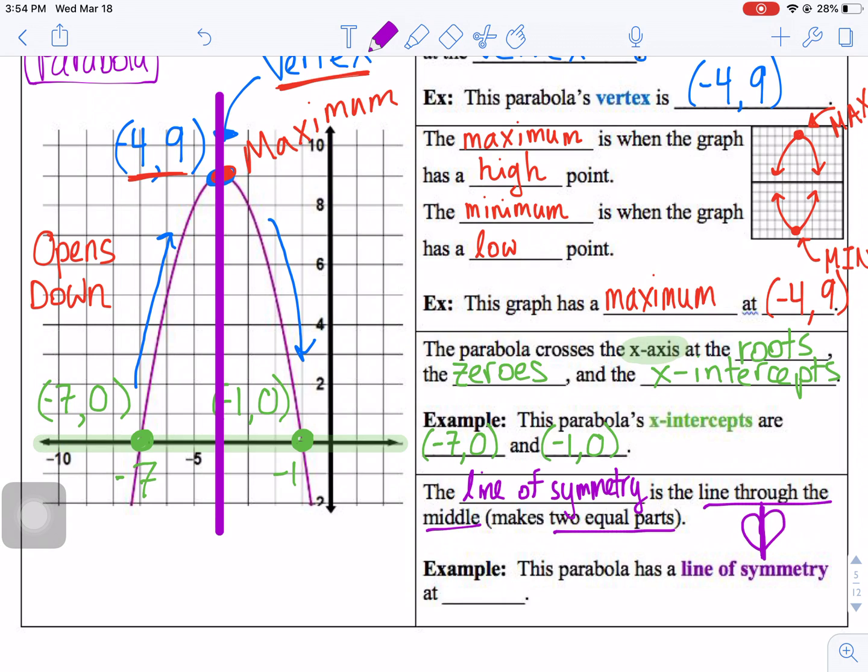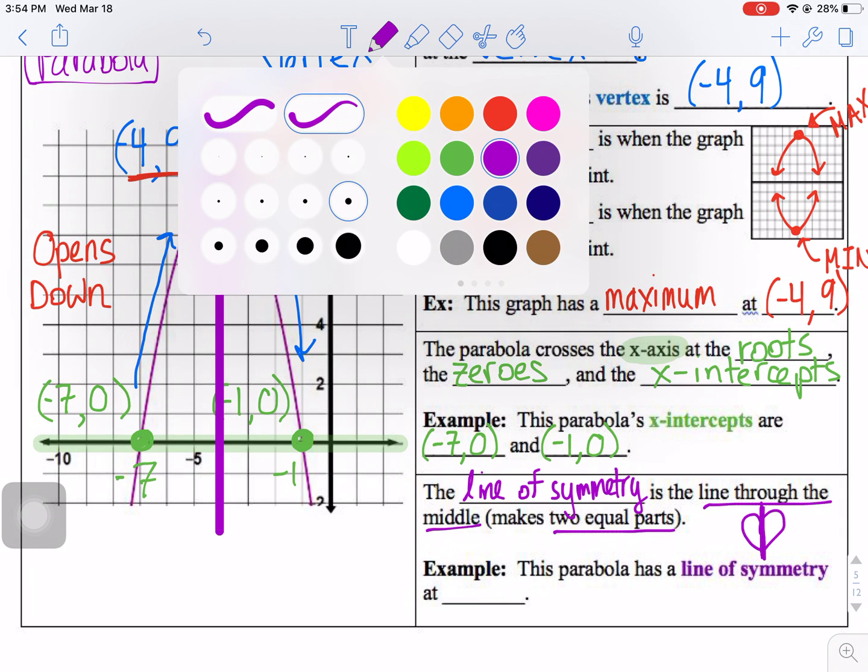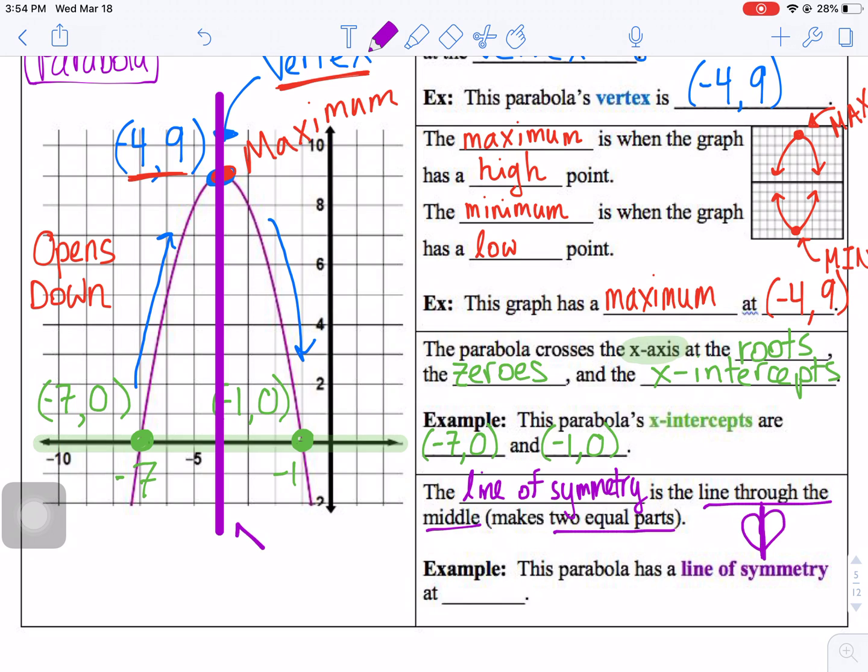We write this line as the equation of a line. So this is our line of symmetry. This line crosses our x-axis at -4.